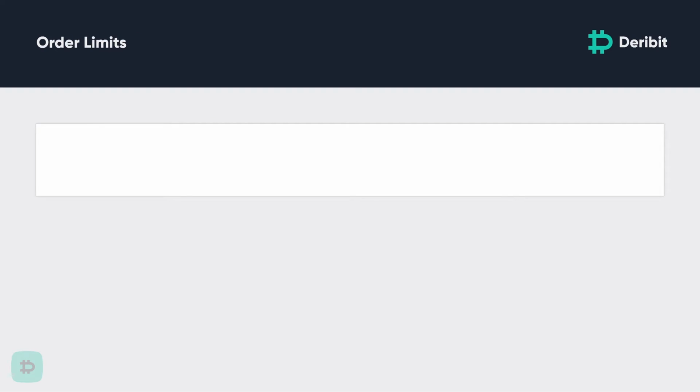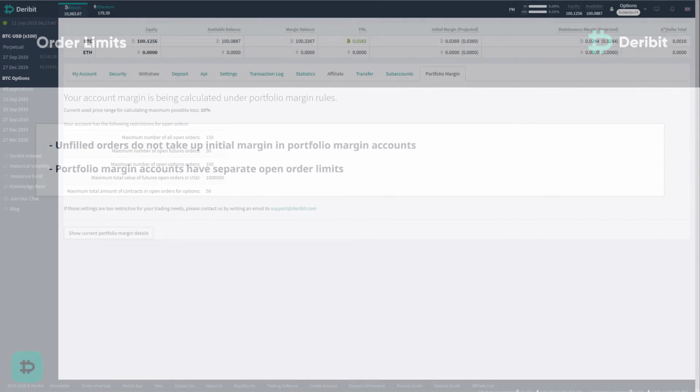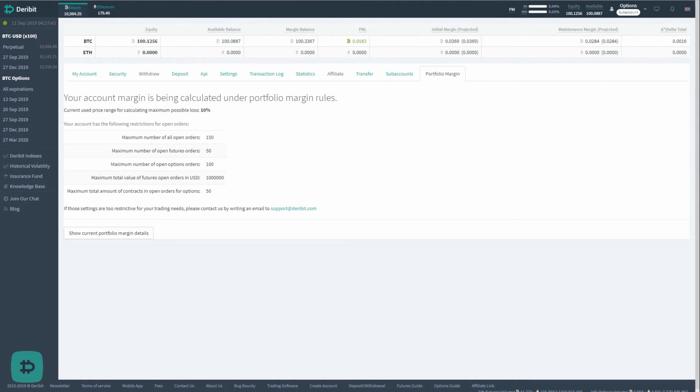Unlike with a regular margin account where each open order takes up initial margin, the open orders in a portfolio margin account do not take up initial margin. For this reason, there are separate limits placed on the maximum number of open positions you may leave on the order books. You can see these limits in the Portfolio Margin tab, shown here. These limits will be related to the size of your account.